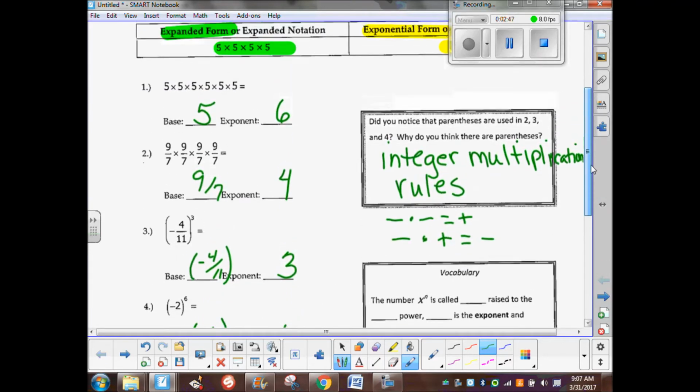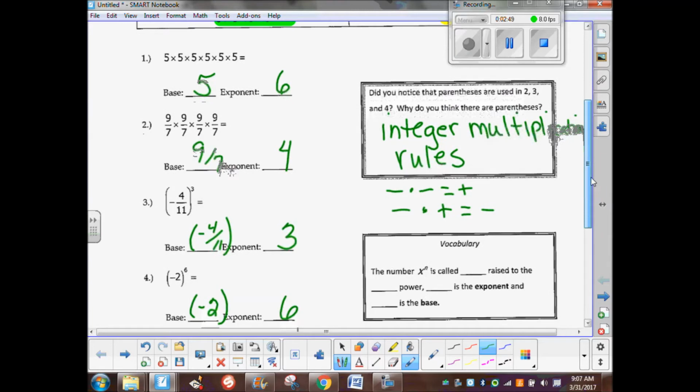So let's do number 2. What did you notice about number 2? It's just a fraction. Let's make a little note of that. The number 2, there's a fraction. No negative, but it's a fraction. So when you write that in exponential notation, putting that in parentheses is certainly not a bad idea, because watch.